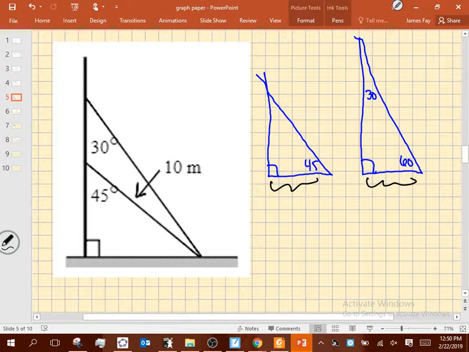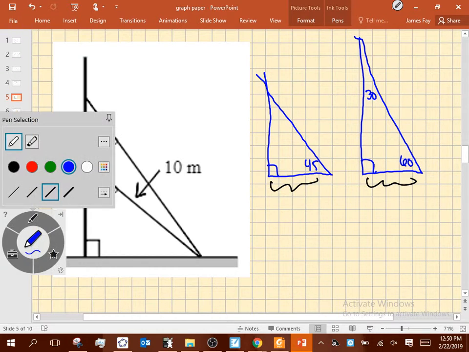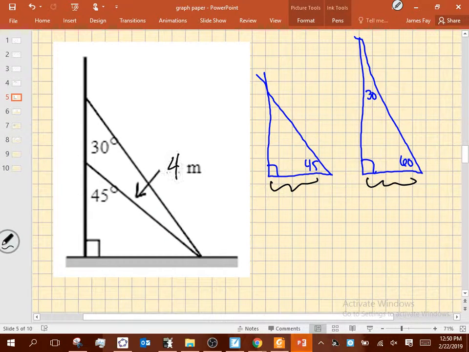Shayla? Okay, so the number attached to my little arrow is 4. So that's 4. Then this would be, would you get 2 radical 2? Yeah.